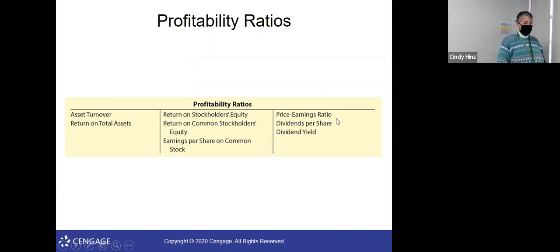Price to earnings ratio, or PE ratio, dividends per share, and dividend yield, which I had actually mentioned in class last time. The idea that some investors may not want dividends at all, but dividend yield is one of those market-related calculations, market strength, because it involves the market value of the stock. The same thing is true for the PE ratio.